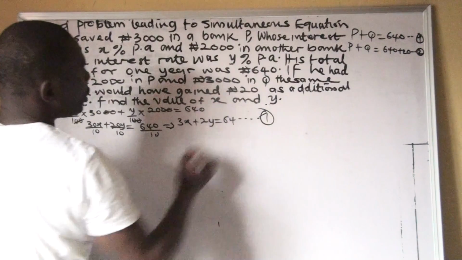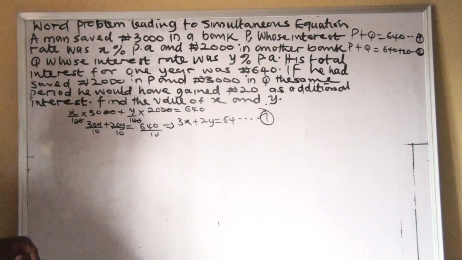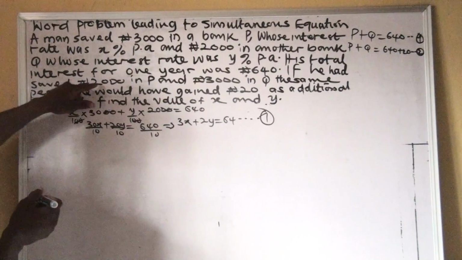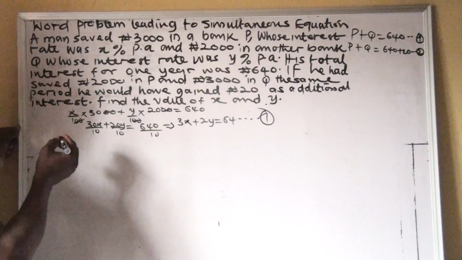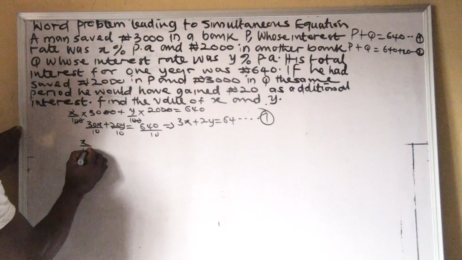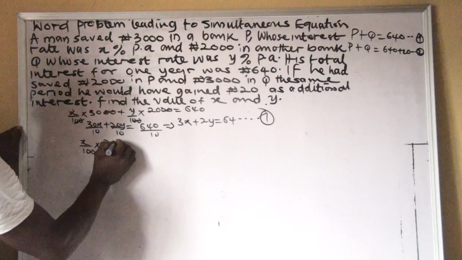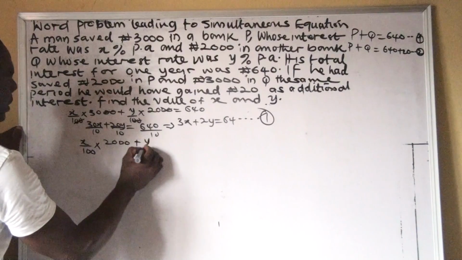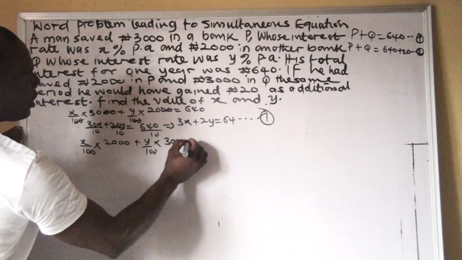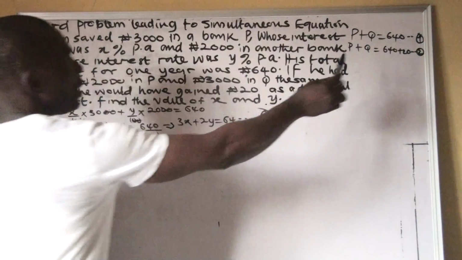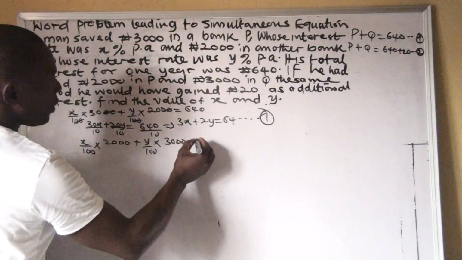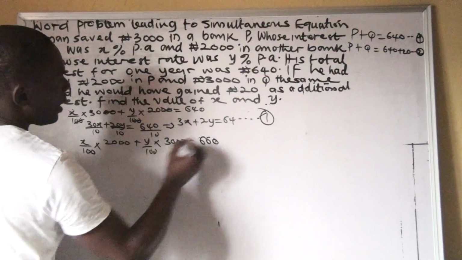This is equation 1. At another point, if he had saved 2,000 naira in P, that means it will be X over 100, and the principal here is 2,000, plus Y over 100 times 3,000. At this point in time, it would have gained 20 naira as additional interest. So the previous interest plus 20 gives us 660.